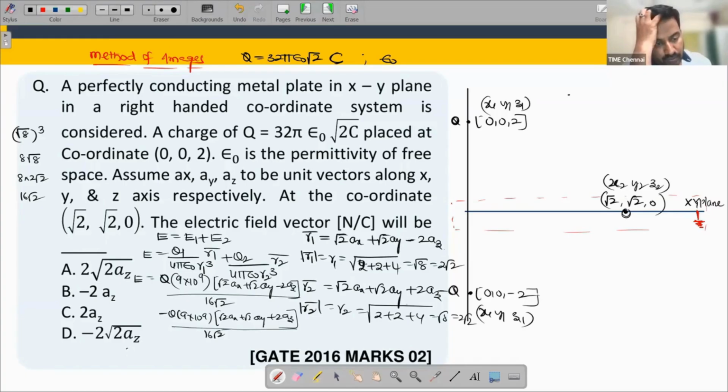Now taking q, 9 into 10 power 9 by 16 root 2 common, root 2 ax, root 2 ay, minus 2 az, minus root 2 ax minus root 2 ay minus 2 az.